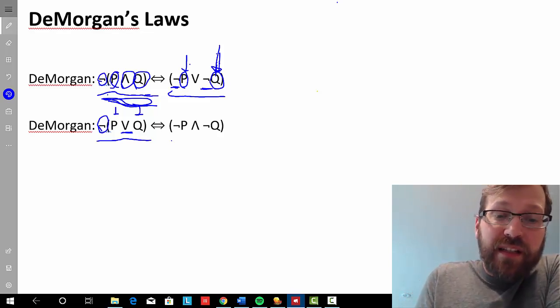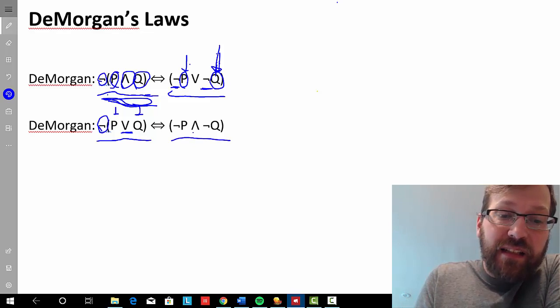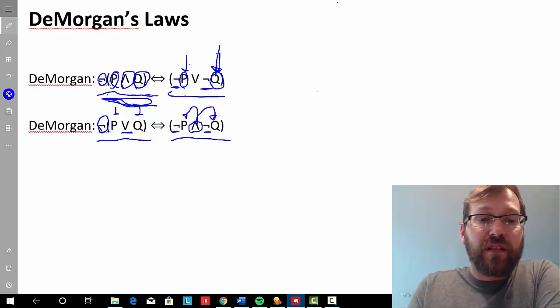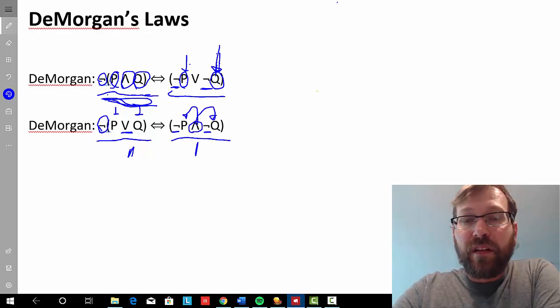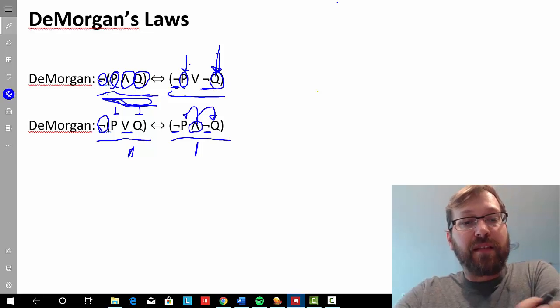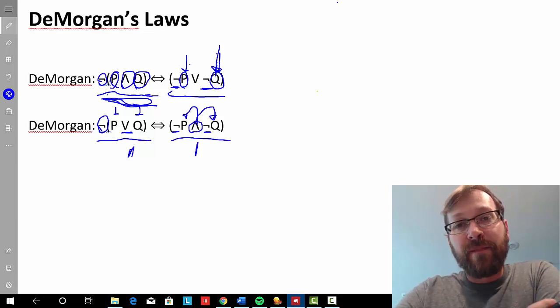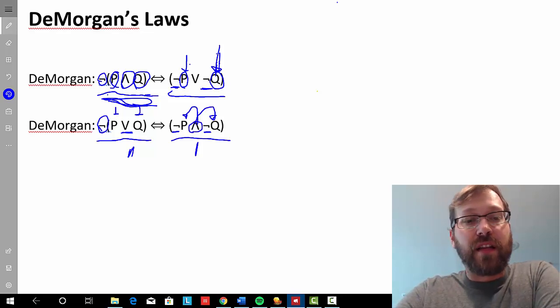And then when you think about this, it just is saying that this and this are both false. So this is right just at the same time that that's right. So even without appealing to truth tables, just by thinking about what's being expressed, we can come to the realization that these are logically equivalent sentences.